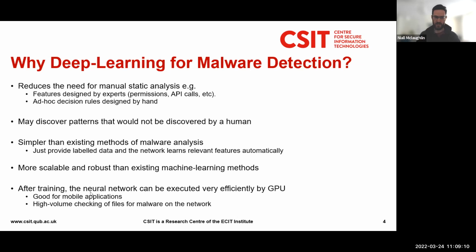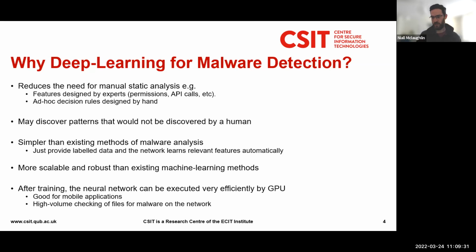So the final thing is just that once you've built your system, once you've got this neural network for doing malware detection, it can be very, very efficiently executed by GPUs. Okay, so what that means is that you can run this on mobile applications. So almost every mobile phone now has a very, very powerful GPU, which can run deep neural networks very, very fast.